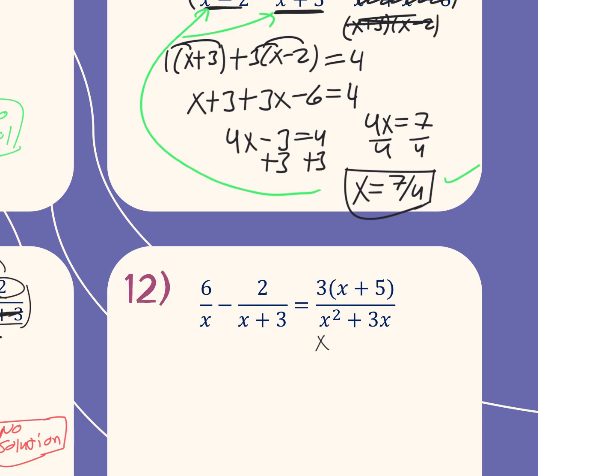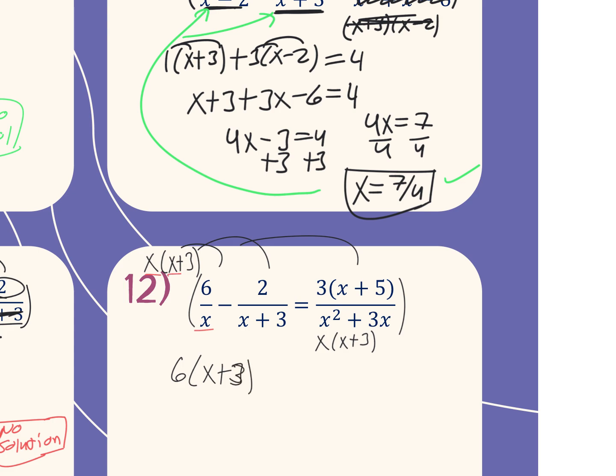All right, let's try one more. So this one I can factor out the x from the bottom. This leaves us with an x times x plus 3. And then I can multiply the entire thing by the least common denominator, which is x and x plus 3. So when I distribute that everywhere, it looks like just the x and the x are going to cancel, leaving us with a 6 and an x plus 3.